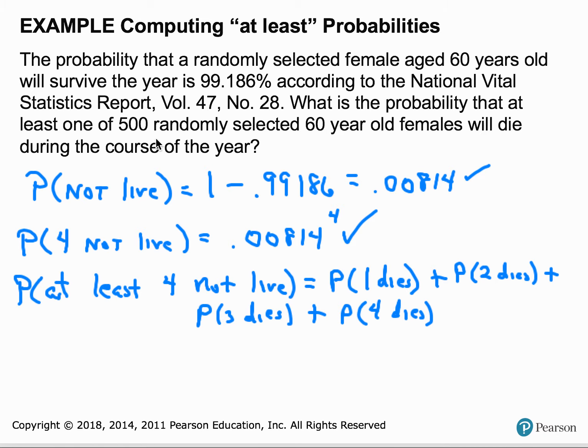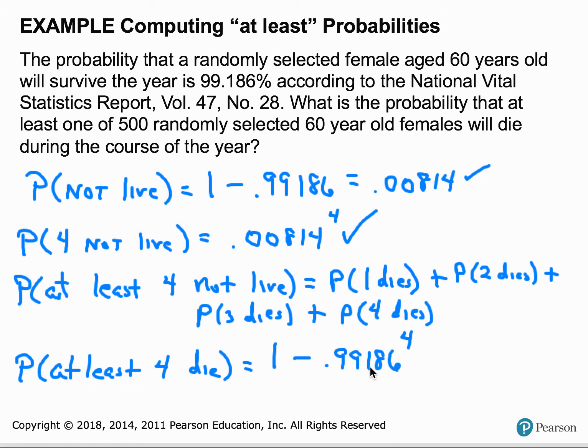Okay, we're talking about 1 out of 500. Do you really want to do that? So another thing we could do with our at least, so probability at least 4 die, is say, well, it's 1 minus the probability that they live, right? So this is the probability that 1 lived, 2 lived, 3 lived, and 4 lived.